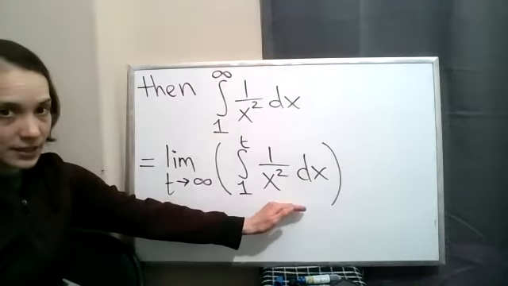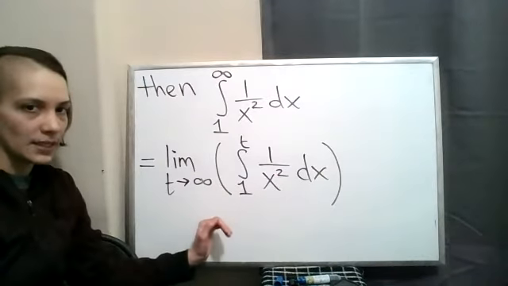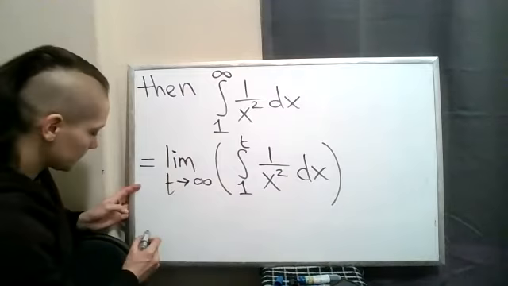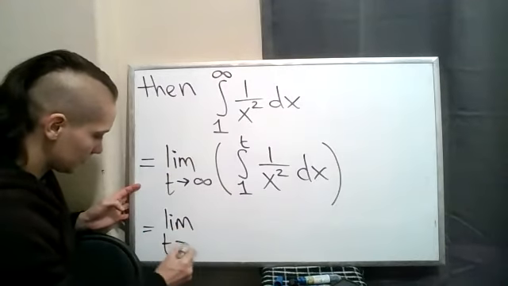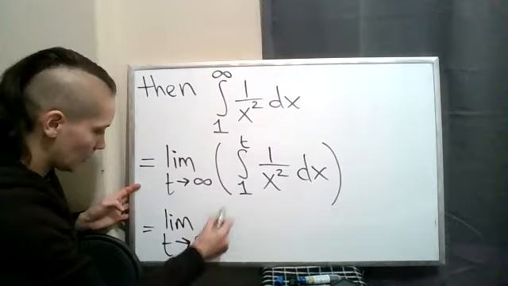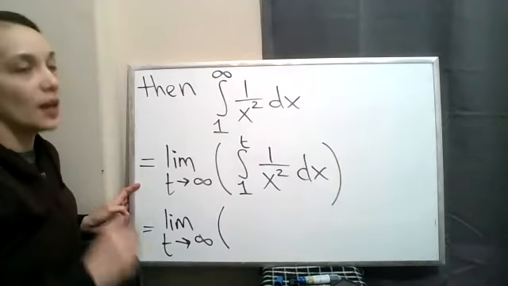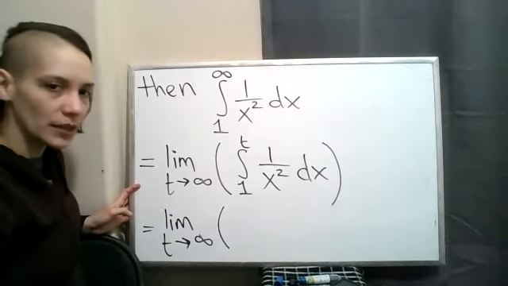And we did the work for this. So now we've got the limit as t goes to infinity of 1 minus 1 over t.